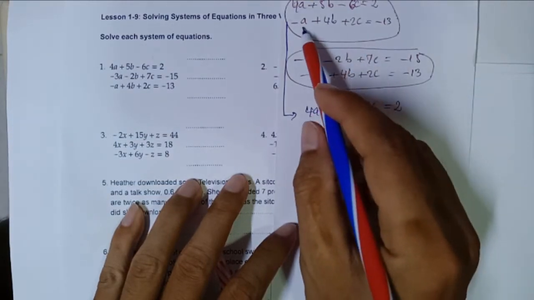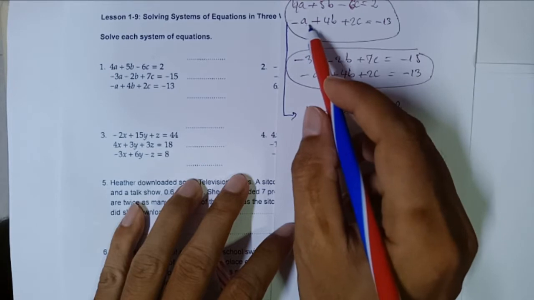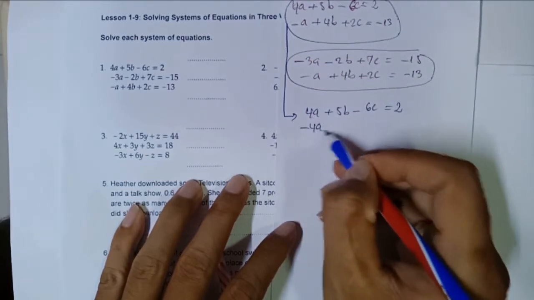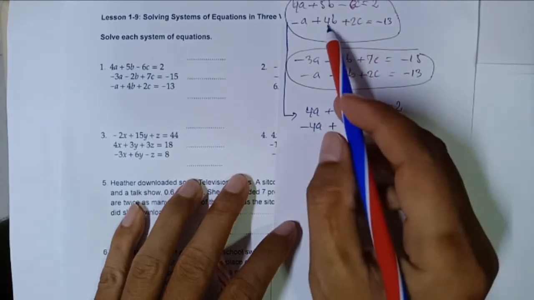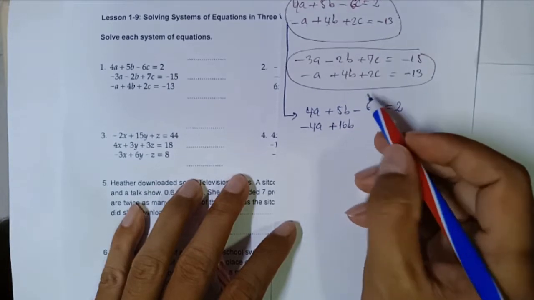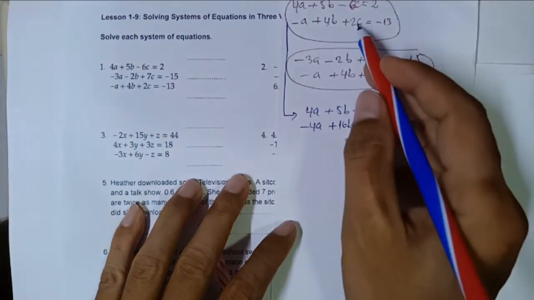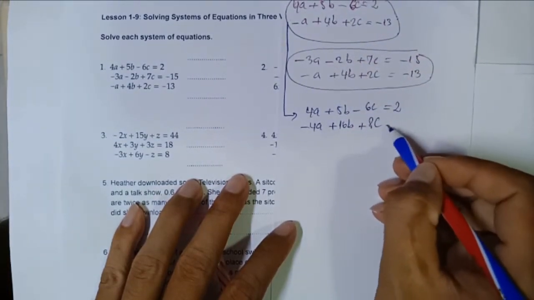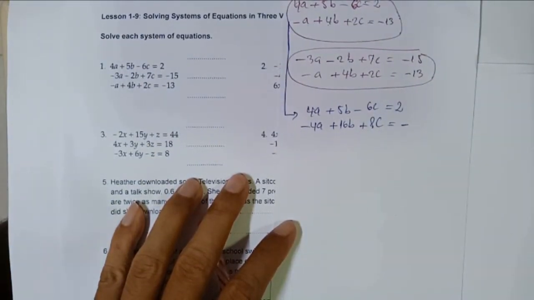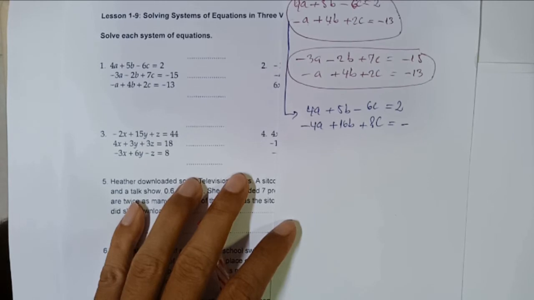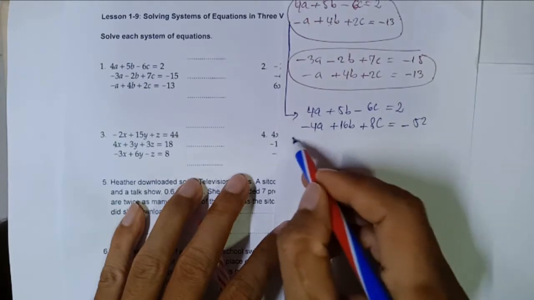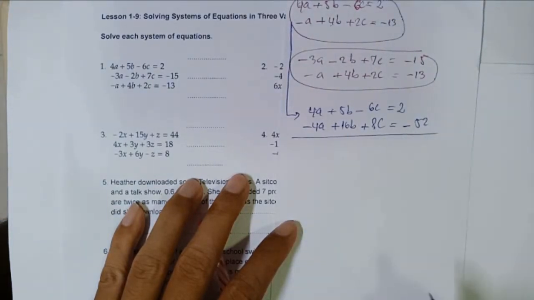So multiply this by 4, I will have minus 4A plus 16B, and then plus 8C, and 13 times 4, you have negative 52. After that, you eliminate it.